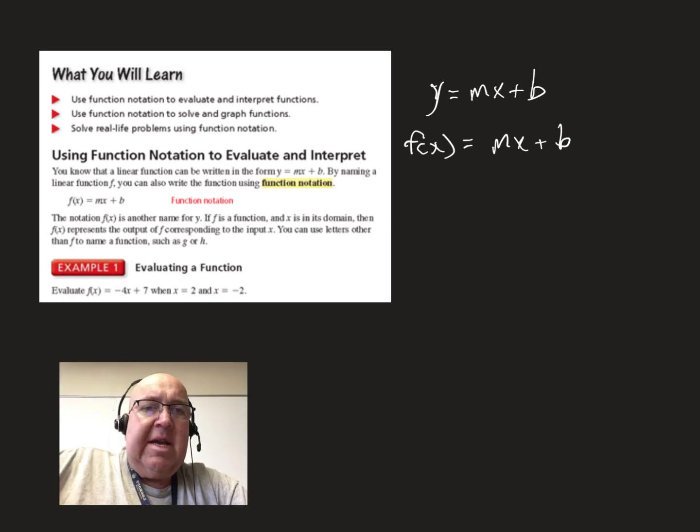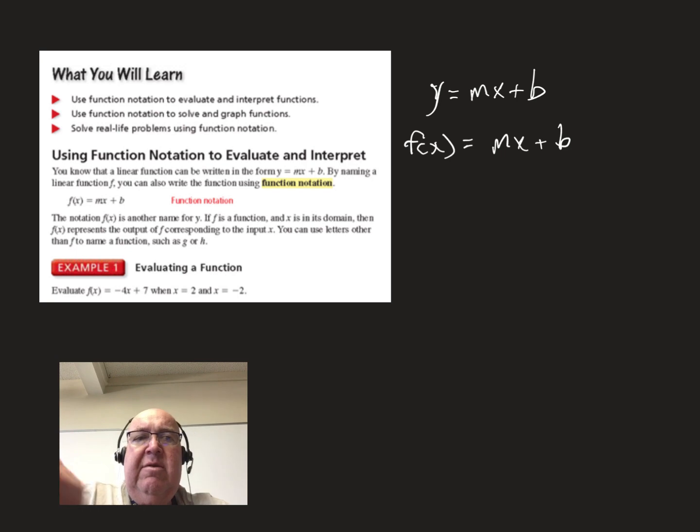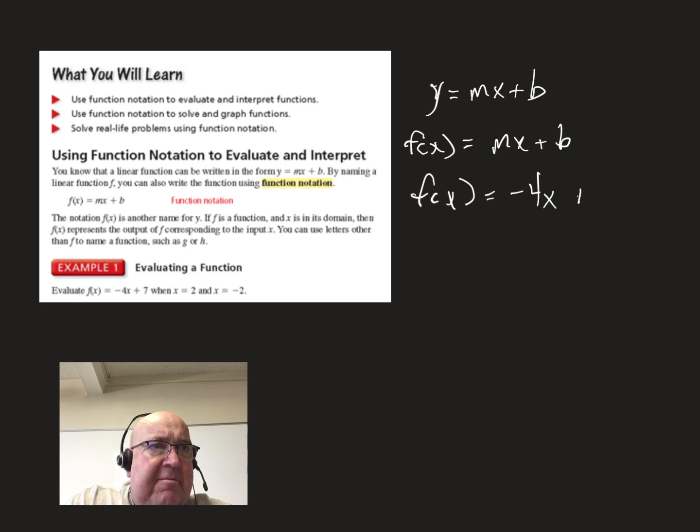In example 1, we want to evaluate the function f of x equals negative 4x plus 7 when x is equal to 2, and when it's equal to negative 2. The first thing we're going to do is replace the x's with the number 2.